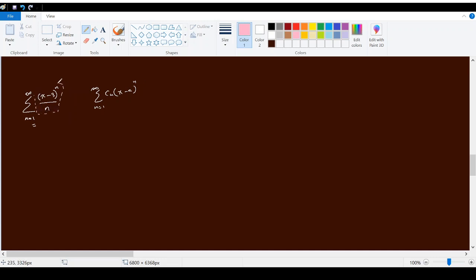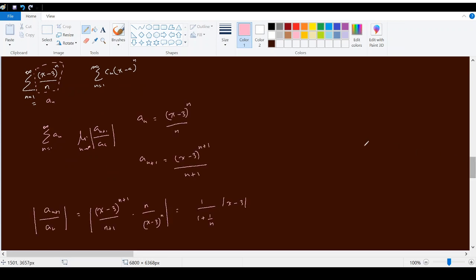for this term, right? So this whole thing we can consider as our an inside the series notation. So what we can do is just compute the limit of this one, right?